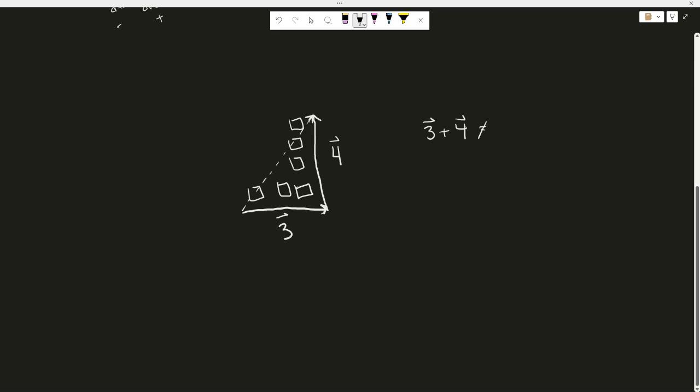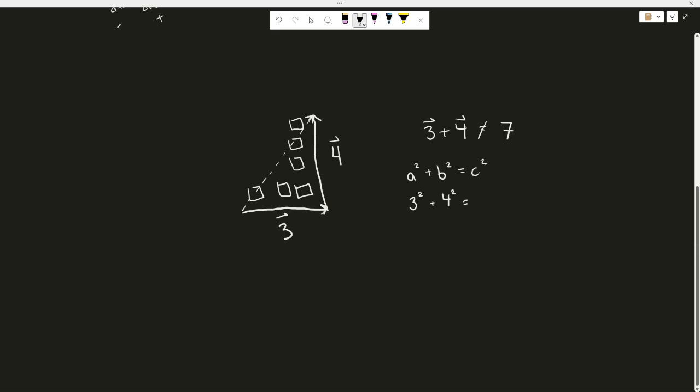So this is not equal to 7. It is instead equal to the Pythagorean theorem for this particular triangle. So we'll get a squared plus b squared equals c squared. This is the Pythagorean theorem for a triangle. So I would instead put 3 into this a spot, 3 squared, plus b squared. This will be 4 squared.